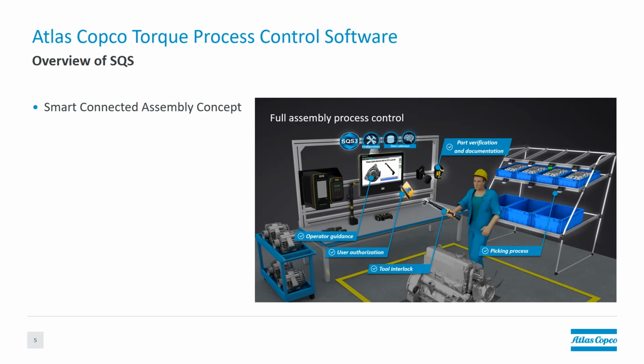As you can see here, we can include the who did what, when, and how, with that operator being accountable for all their actions. Reduce rework. This error-proofing software helps to achieve zero defects and reduce cost of rework, scrap, and warranty claims. Driving quality. SQS3 is a comprehensive software solution driving quality, process reliability, and transparency.